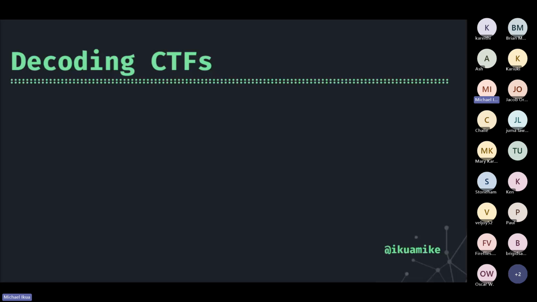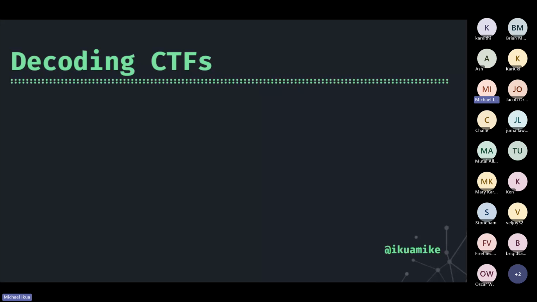Let's confirm if the screen is up. Yeah, the screen is up and visible. All right, cool. So am I good to go? Yeah, the floor is yours.